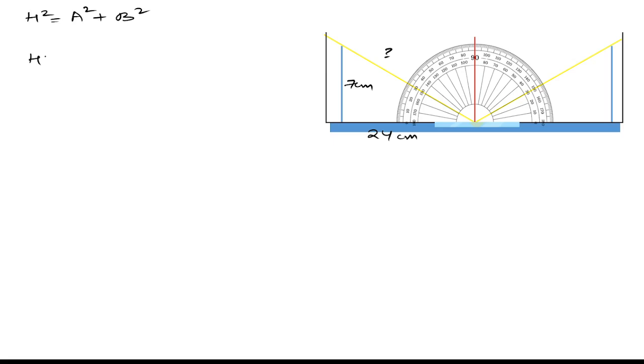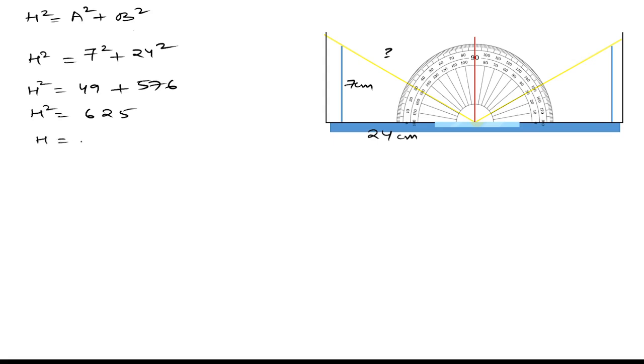So hypotenuse square is equal to altitude 7 square plus base 24 square. 7 square is 49 plus 24 square is 576. So hypotenuse square is equal to, if we add these two, 625.